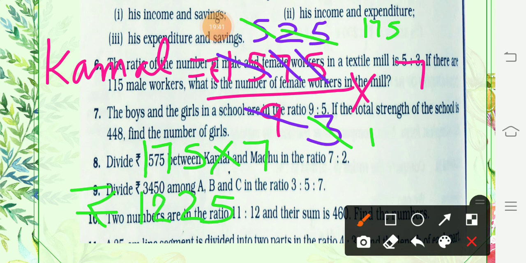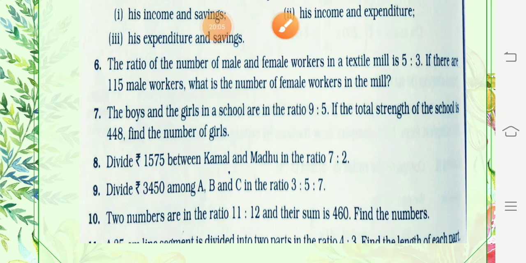So students, rupees 1225 is the part of Kamal. Now we need the part of Madhu. So the total is 1575 rupees and Kamal's part is 1225 rupees. So we will do the minus: 1575 minus 1225 rupees. You will get the part of Madhu.